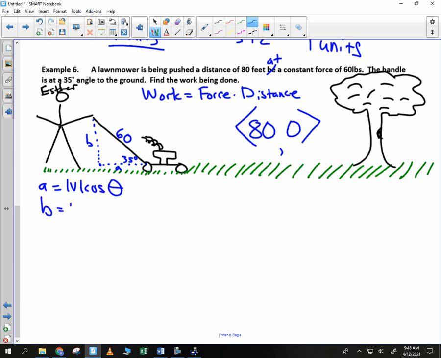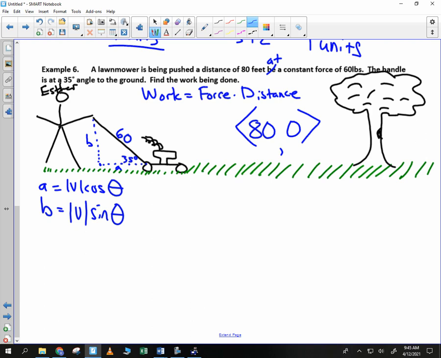And that B was equal to the magnitude of the vector times the sine of theta. So if you want to come up with the horizontal and vertical components of the vector, simply take the magnitude and multiply it by sine or cosine of the angle. Think of cosine as horizontal and sine as vertical. We all good there? So let's do that.